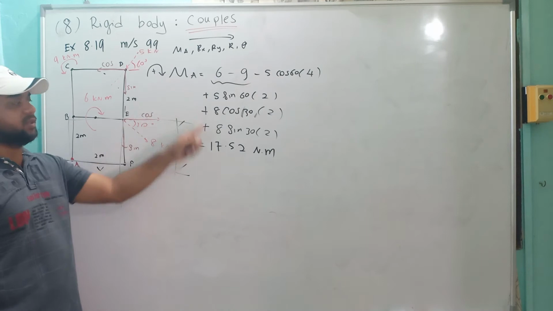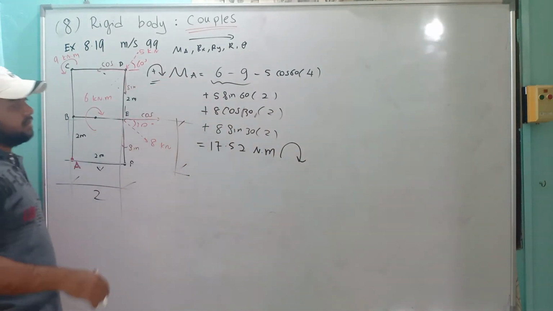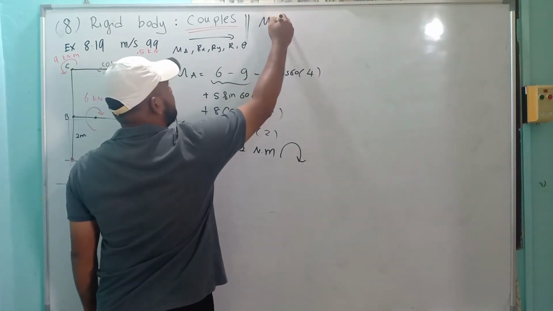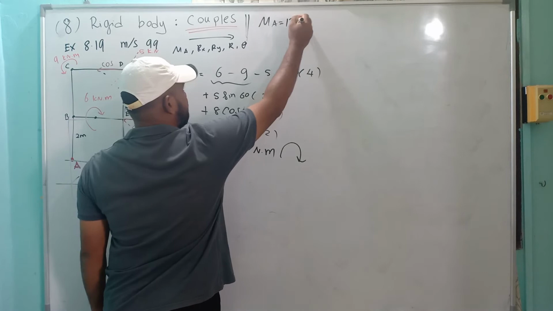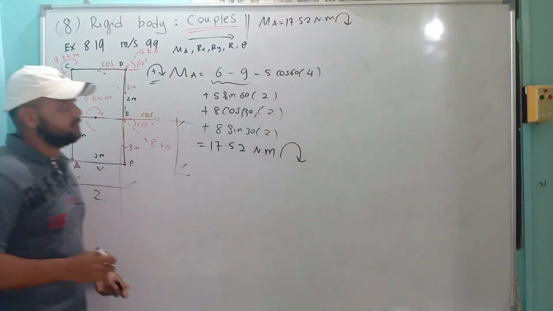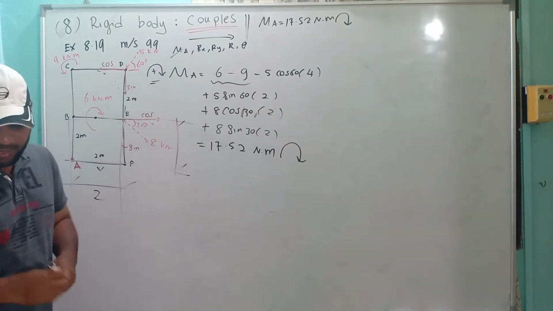It is positive, meaning the same direction as our positive here. Okay, so we have the moment. I'll write here, moment at A equal to 17.52 kilonewton meter clockwise. So we finish the first one, sigma moment.